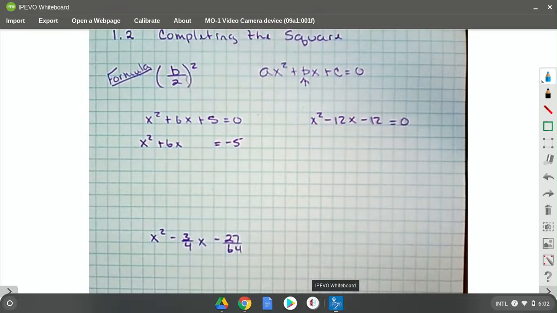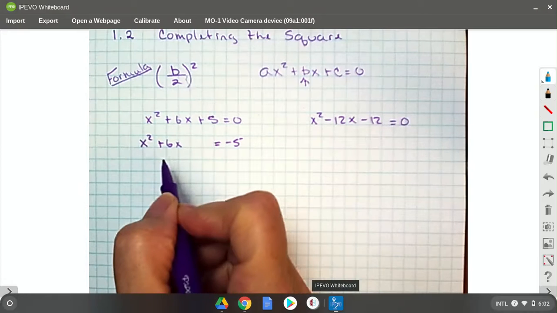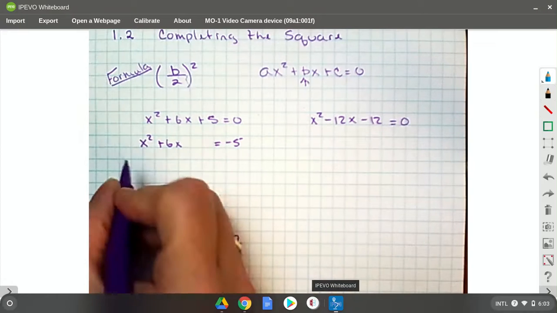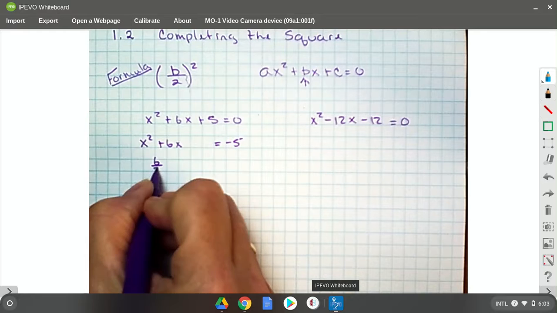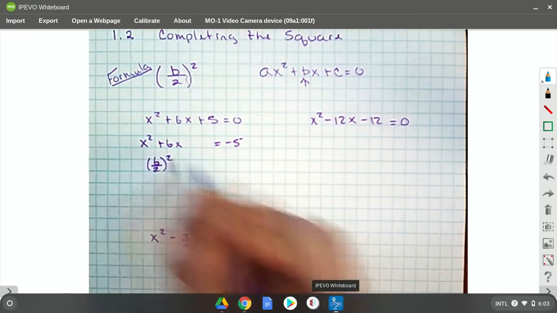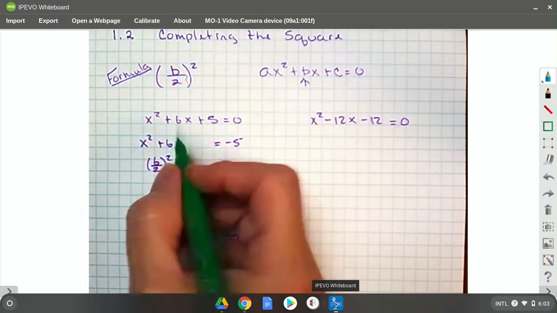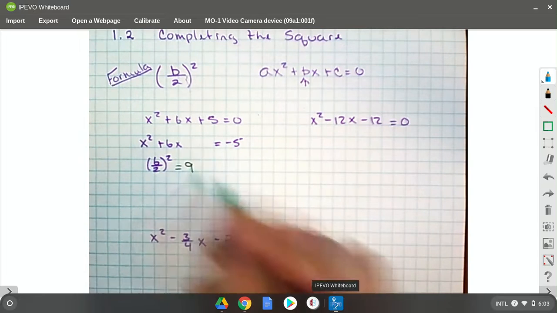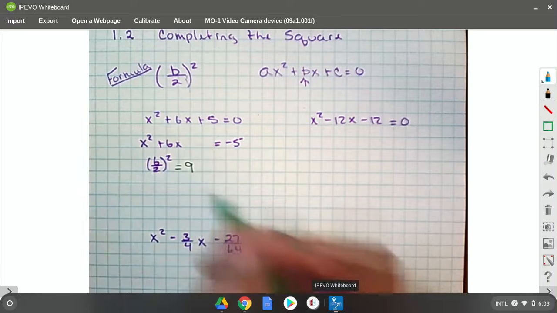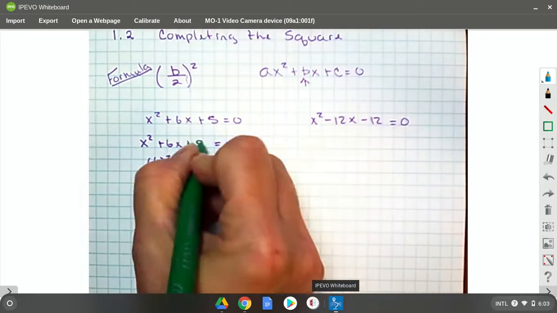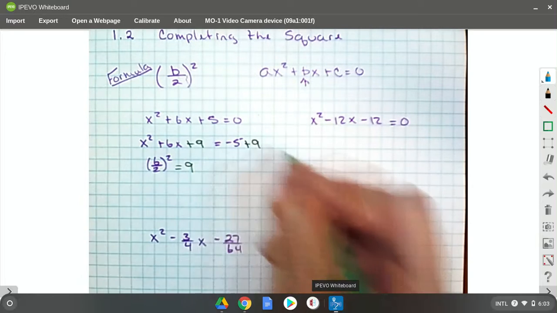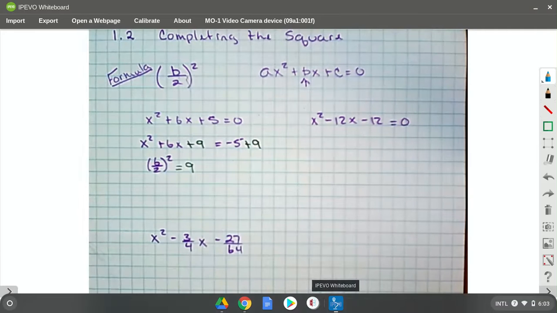I'm just going to move that over. Now my 6 is my b, right? So I'm going to say 6 divided by 2 squared. 6 divided by 2 is 3, squared equals 9. Now I'm going to put that plus 9. Whatever I do to one side, I've got to do to the other, in both places.